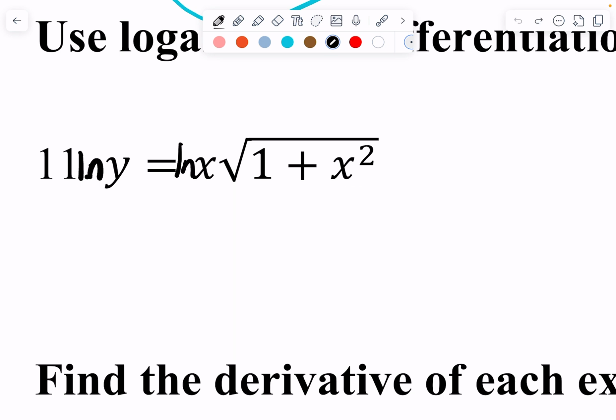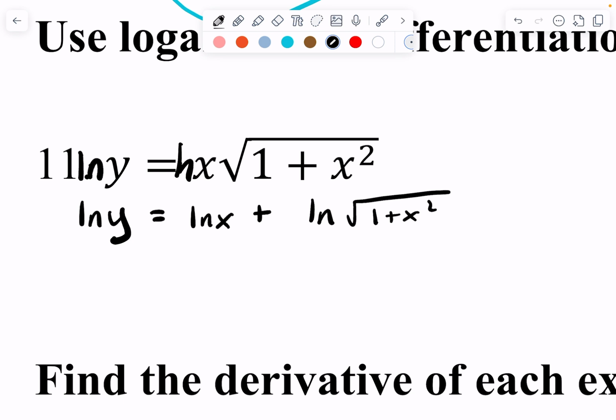So this side's going to chill as ln y. But then multiply means add, so I'm going to break them apart. ln x plus ln of the square root of 1 plus x squared. But the square root just means to the 1/2 power, and then the 1/2 can come down front. So 1/2 here.